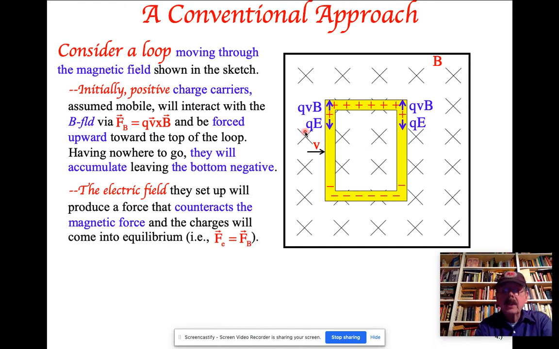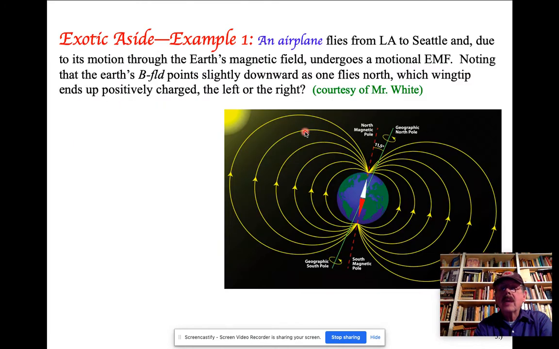All right, so the question arises, what ends up happening? Before the question arises, minor point, this is an example problem Mr. White came up with, which is kind of fun. You have an airplane that's flying from LA to Seattle, so it's moving northward, and it's moving through the Earth's magnetic field, and it's undergoing a motional EMF.